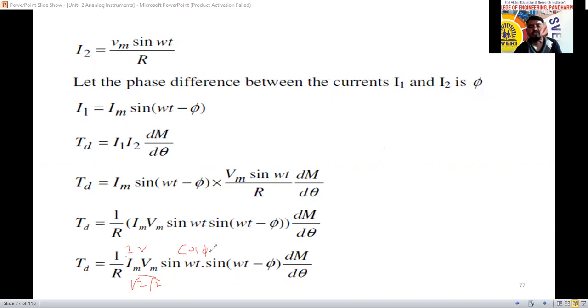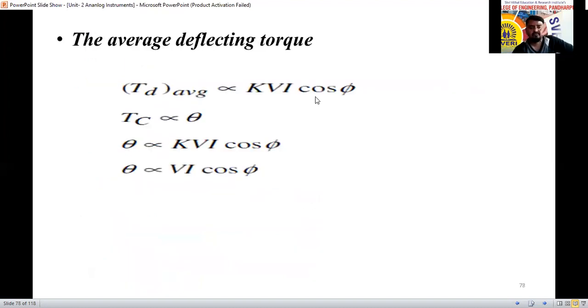So the average value of the answer we get is VI cos phi, which is the equation for power. So TD average is K VI cos phi.